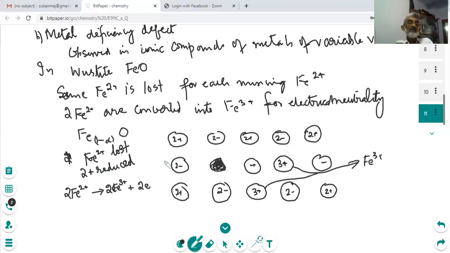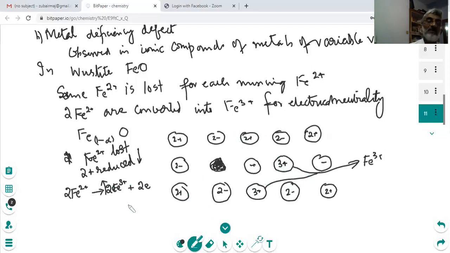So you have increased the positive charge. See here, 2 positive charges are decreased. Here 2 positive charges are increased. And the electrons will be there in the interstitial spaces or somewhere in the proper places. So this is what is happening.